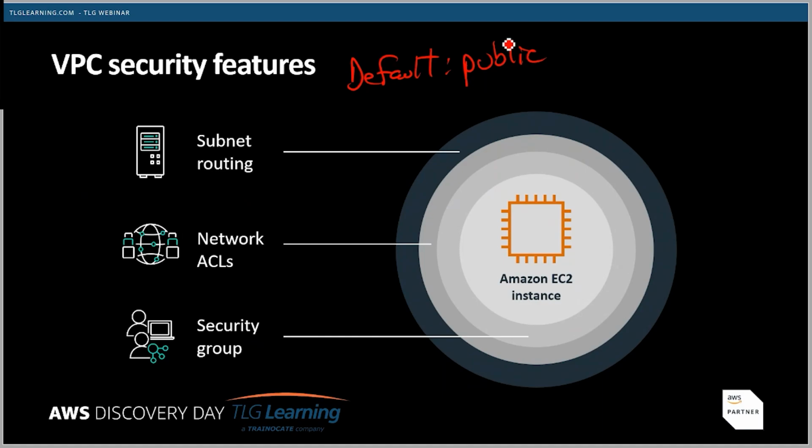Resources inside your VPC are not public by default. No traffic is allowed in and out of a VPC by default. Now, you can make things public if you wish. You can have a VPC communicate with another VPC if you wish. That's all up to you, necessary for you to make configuration changes.